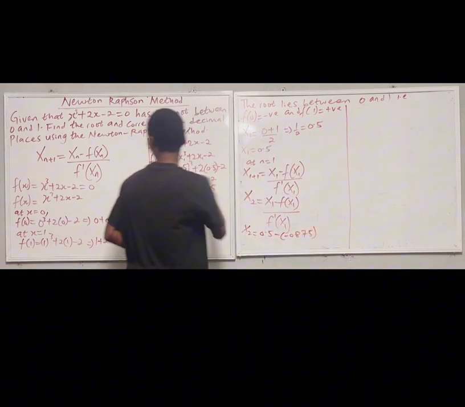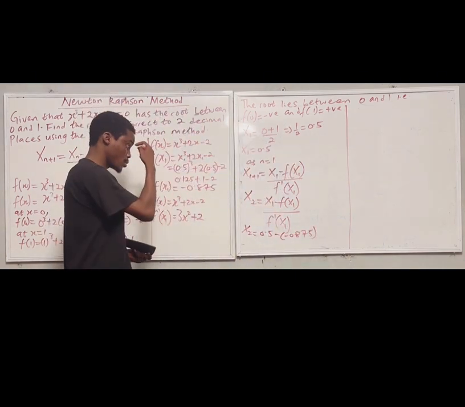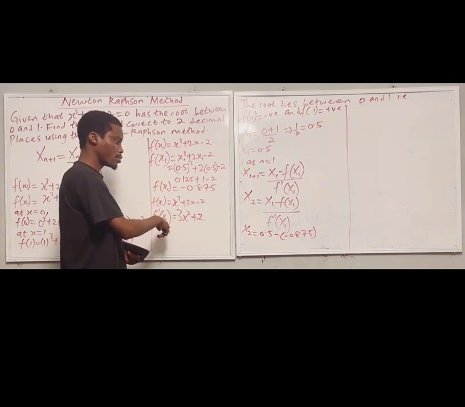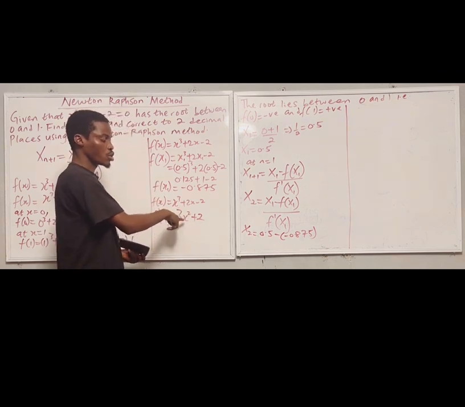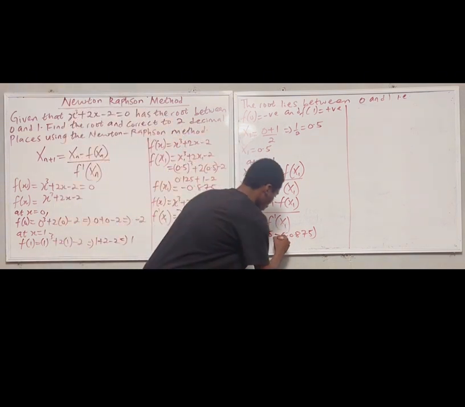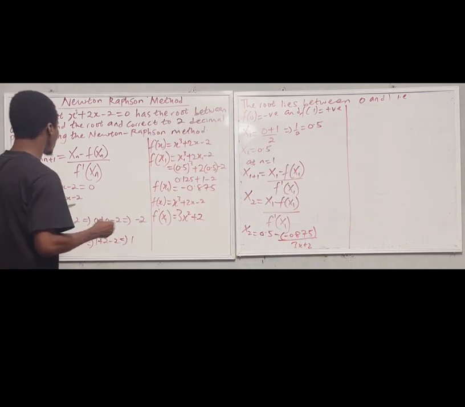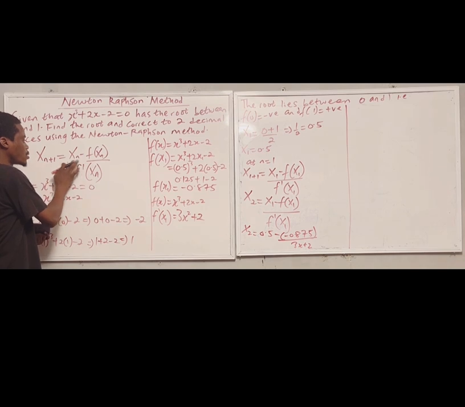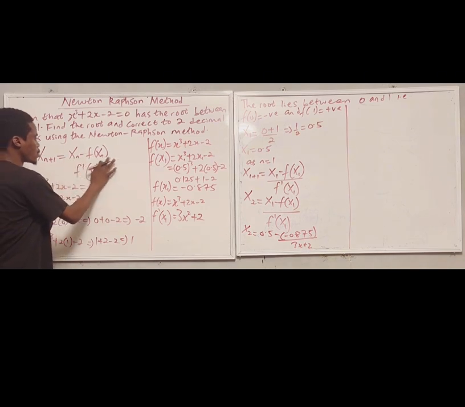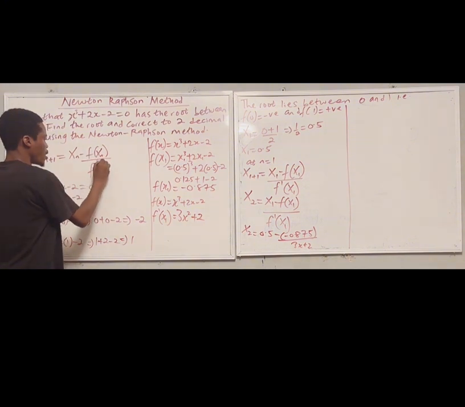Minus 0.875, then over f prime of x1, which is 3x squared plus 2. All over f prime of xn.